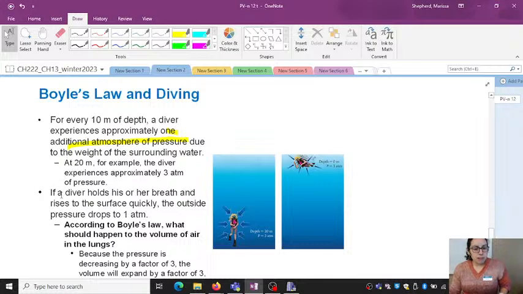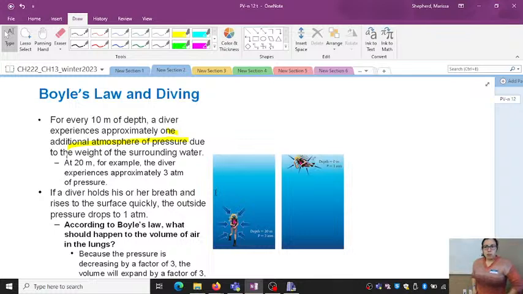If a diver holds their breath and then rises to the surface quickly, you have the air at under 3 atm of pressure. If you were to rise really quickly, those gases could essentially explode.